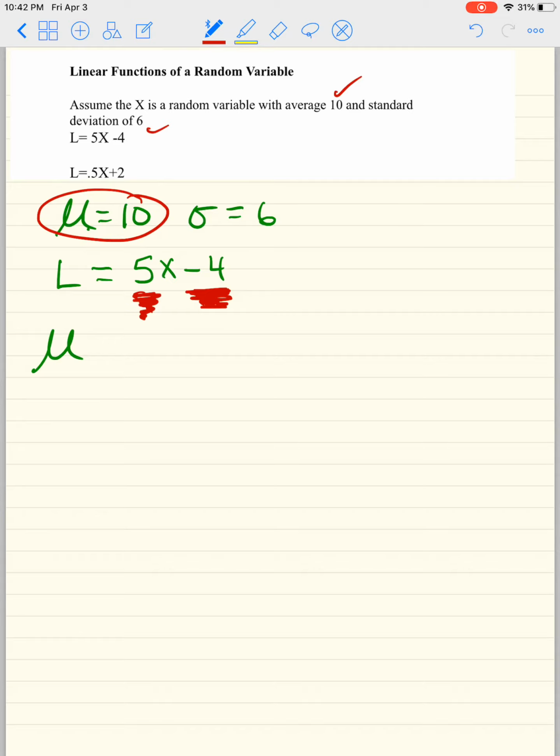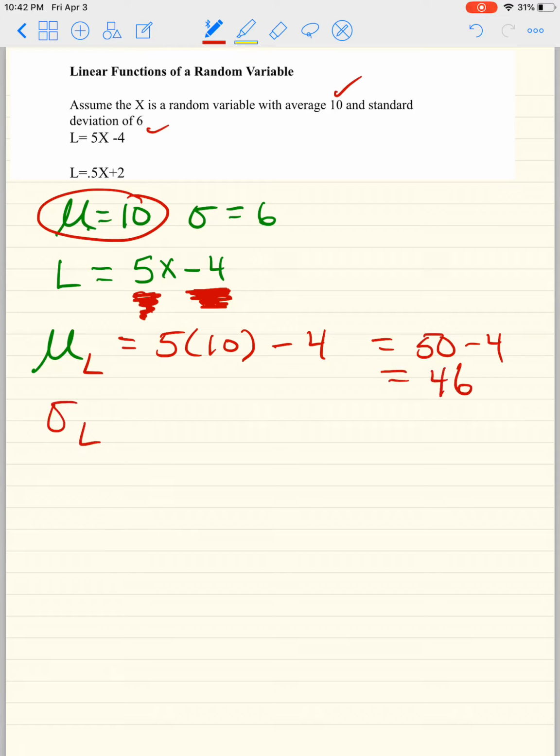So mu of L is going to be 5 times 10 minus 4. That's 50 minus 4, which is 46. The standard deviation is not affected by this guy right here. It's not affected by adding or subtracting a number.